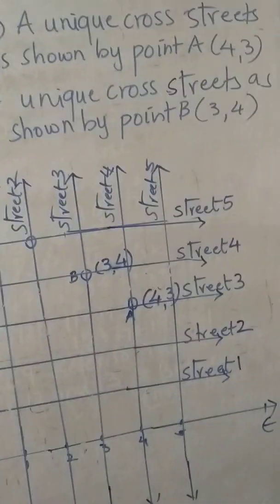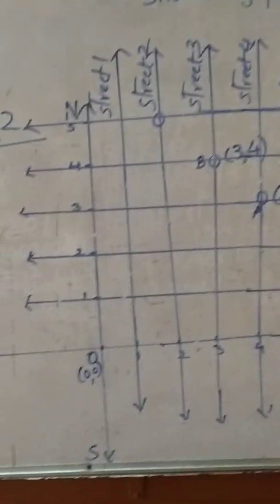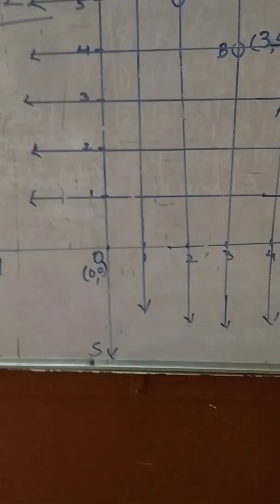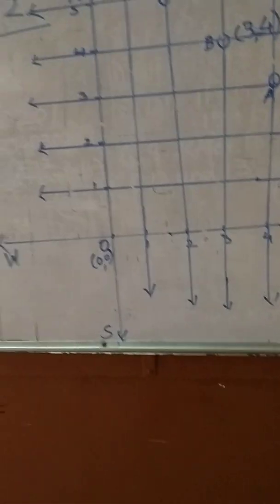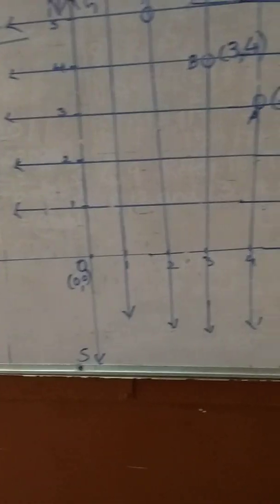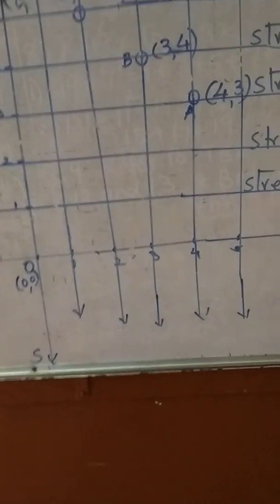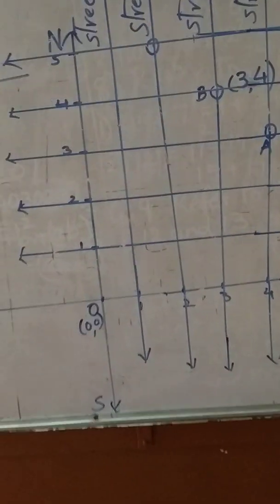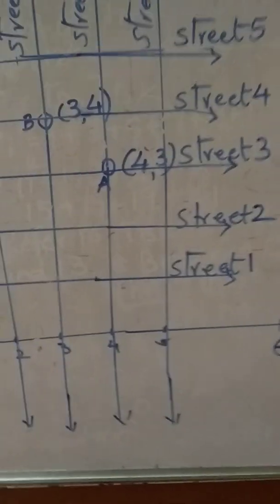Unique cross street as shown by point B is 3 and 4. Now you will draw x-axis and y-axis. West, east, north, south. 0 origin. Then 1, 2, 3, 4, 5, 6, 7, 8. Here also mark the points. And we find out point A and point B.